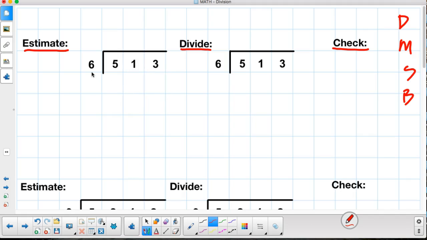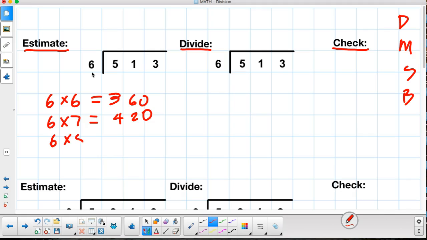So here's the thing. Let's just say in your head you were doing it. 6 times 6 is 36. That's still a little bit low. And then you would maybe do 6 times 7. What's that? Still too low. Let's do 6 times 8.